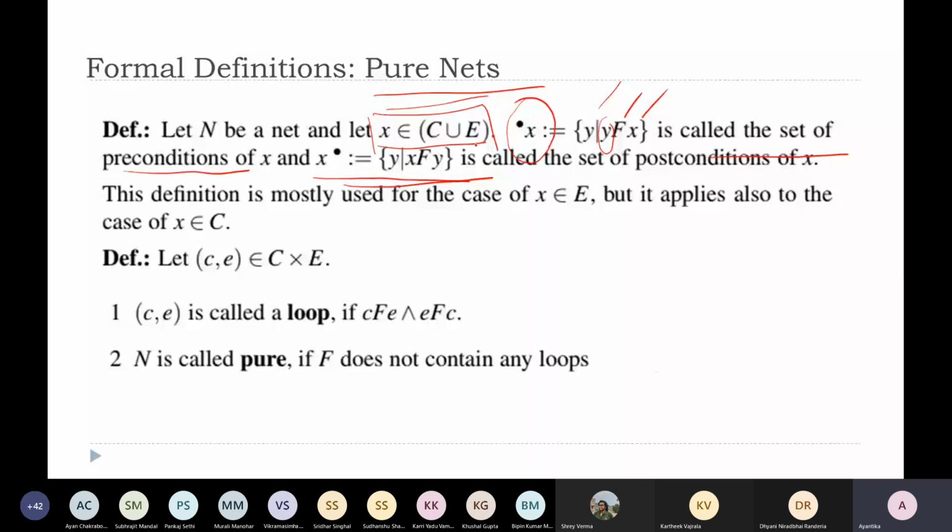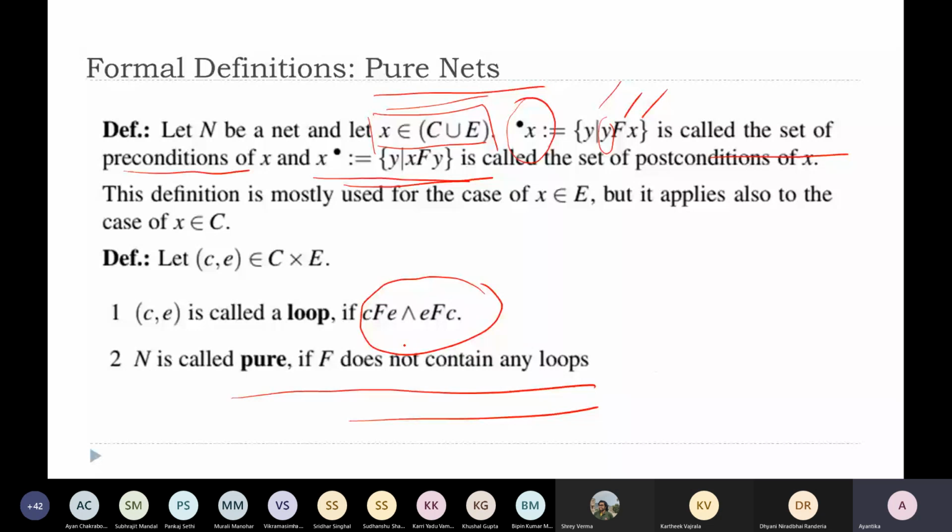Now, why are we considering a net a pure net? A net is called a pure net if it doesn't contain any loop. Okay. So how will we detect the loop? With this condition, if this is true. See, this is one AND condition.